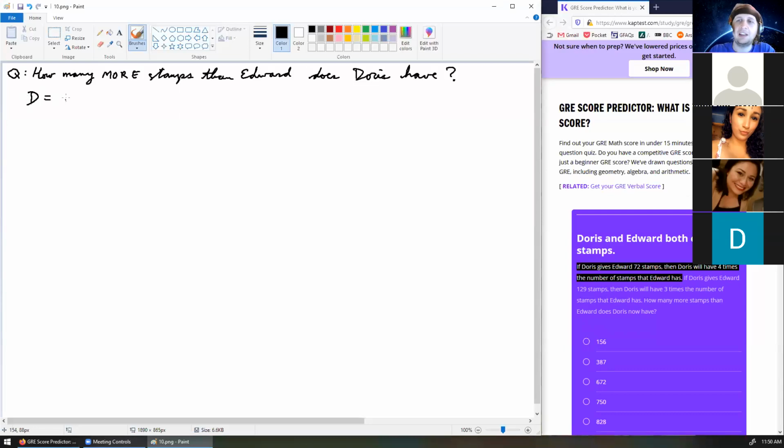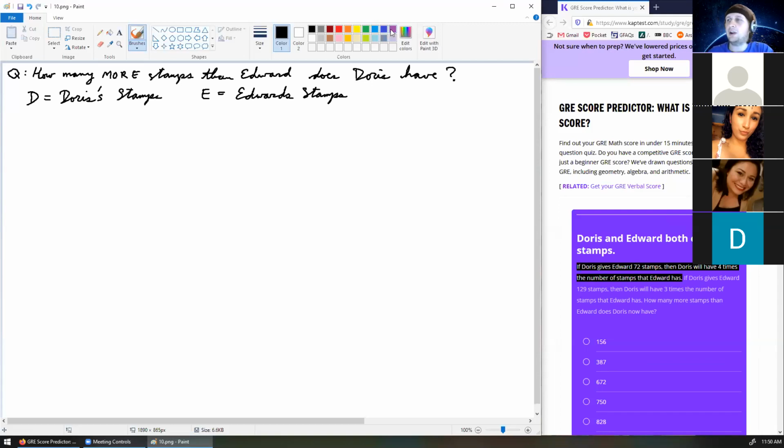So D equals Doris's stamps, and E equals Edward's stamps. Okay, that's a great starting point.